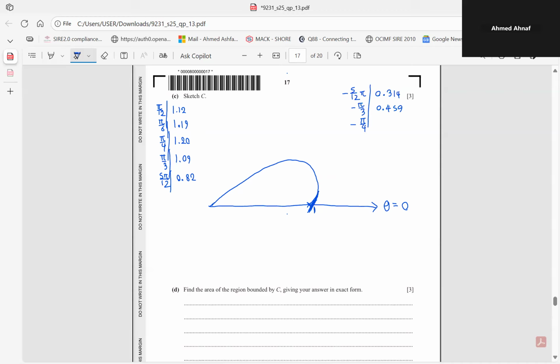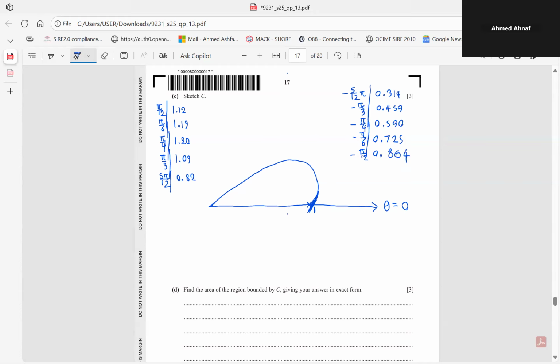You get 0.590, and for minus π/6, it's still increasing, 0.725, and then finally for negative π/12, you'll get 0.864.